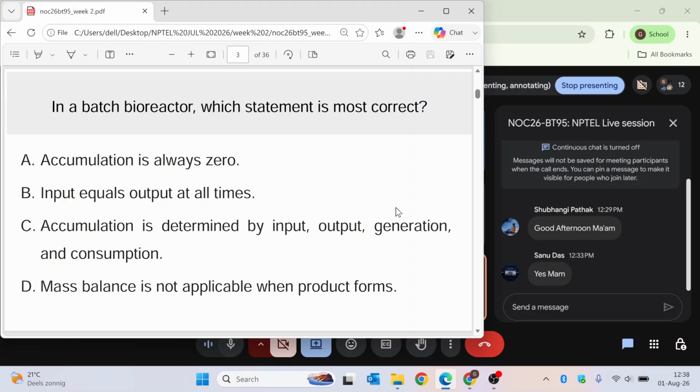You can just post the option in the chat box like you did last week.